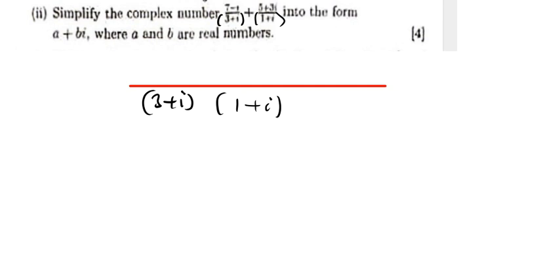If I divide by 3 plus i, the 3 plus i will cancel, and I'll end up with the top part, 7 minus i in brackets, times 1 plus i.